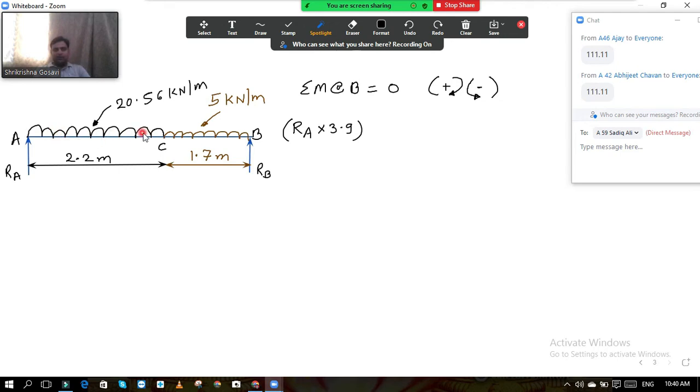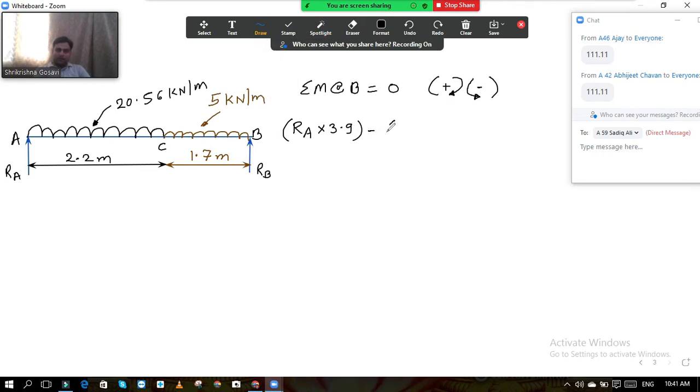Second is this UDL. First of all, we need to convert this UDL into a point load. For that, we need to consider the area of the UDL. The UDL is a rectangular load, so one side is 20.56, another side is 2.2. If you multiply these two, you will get the point load, and it is vertically downwards. If you rotate it about point B, it will rotate in the anti-clockwise direction, so it is minus.